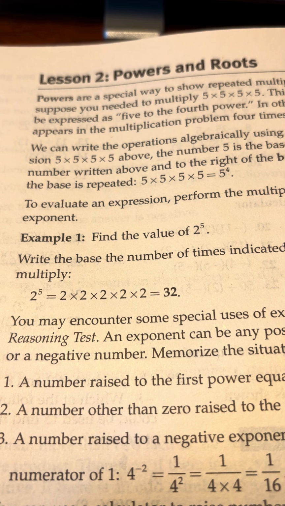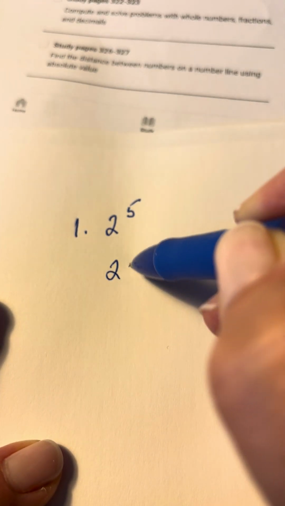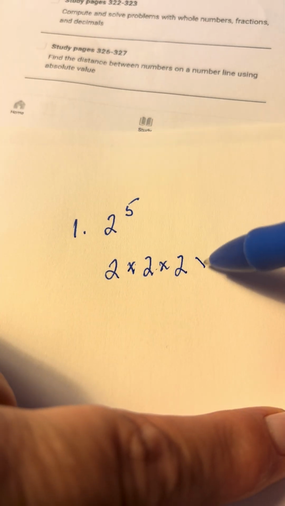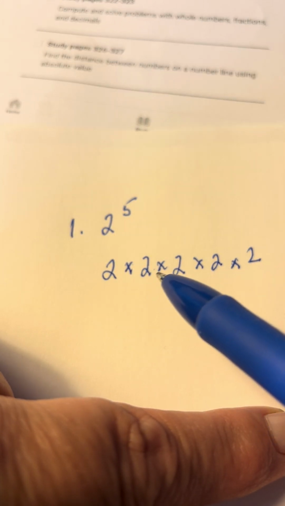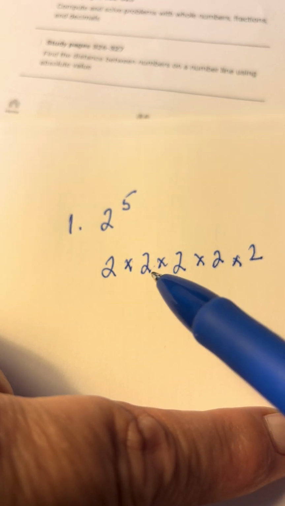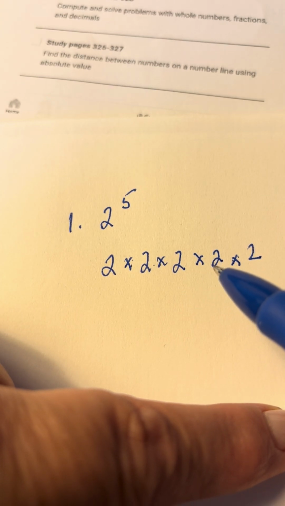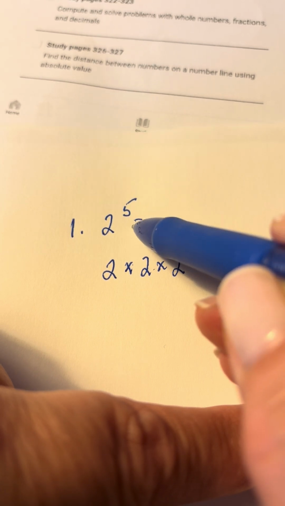So when you have a number like 2 to the 5th power, that means 2 times 2 times 2 times 2 times 2. 1, 2, 3, 4, 5. So 2 times 2 is 4, times 2 is 8, times 2 is 16, times 2 is 32.